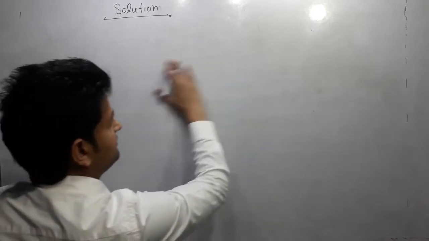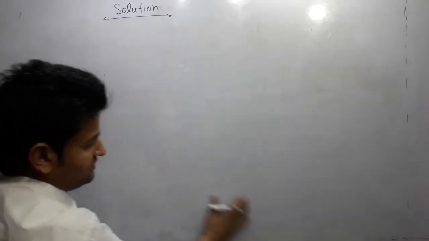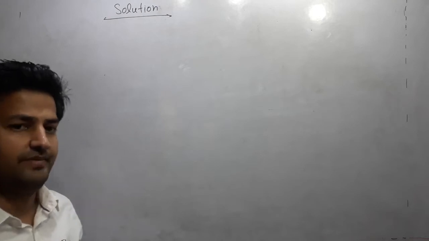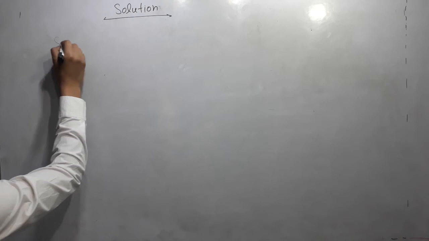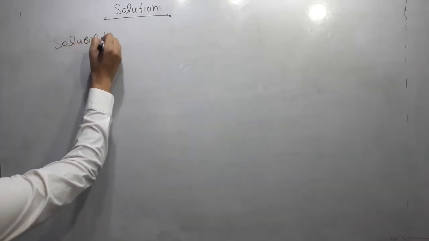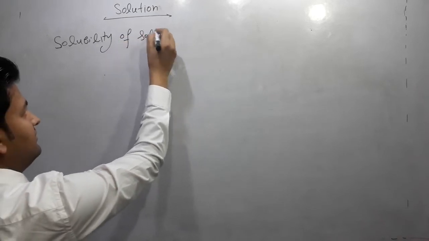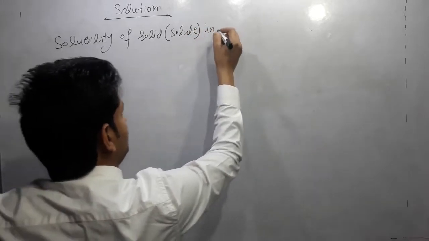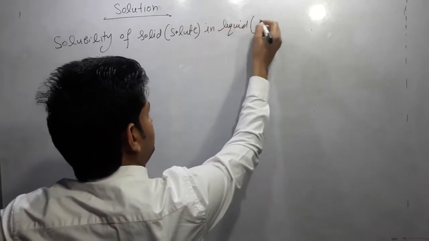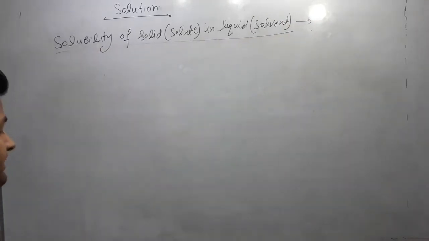Okay students, these are our concentration terms which are used to express the concentration of the solute in the solution. Our next topic is the solubility of a solid in a liquid, that is, solute in solvent.